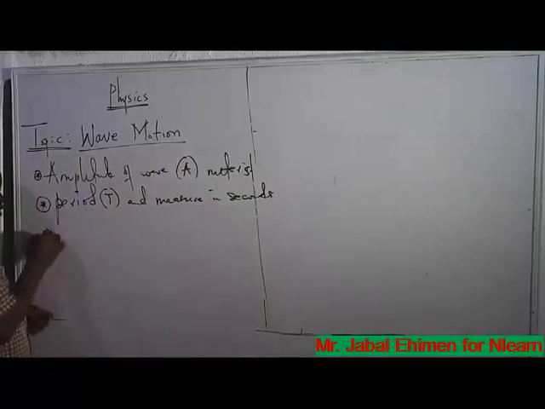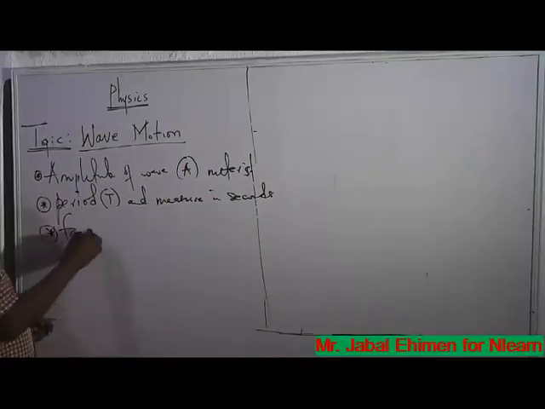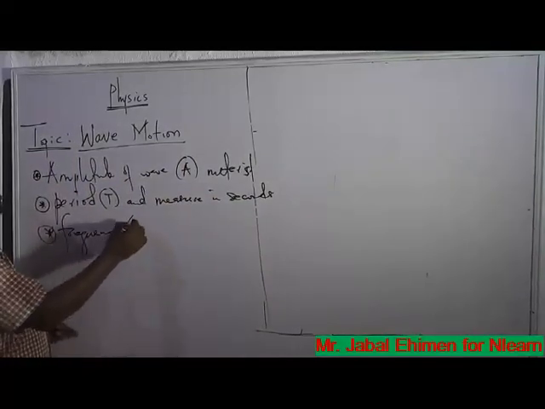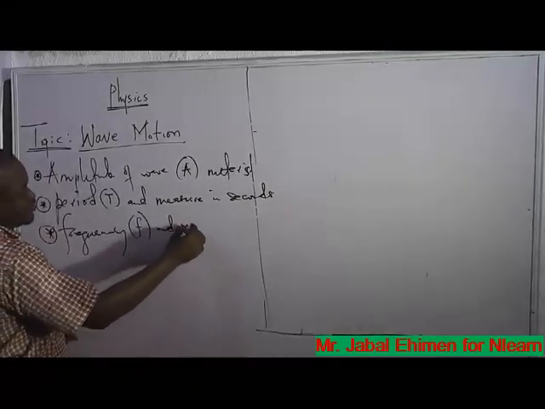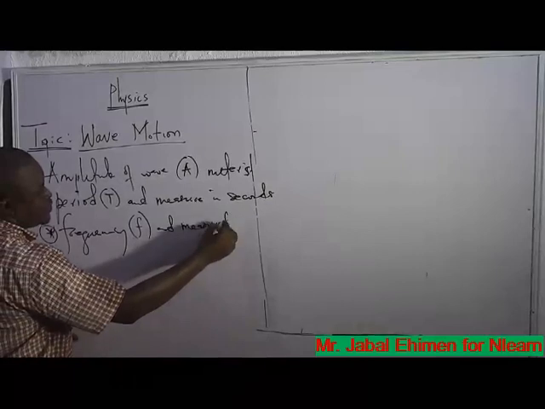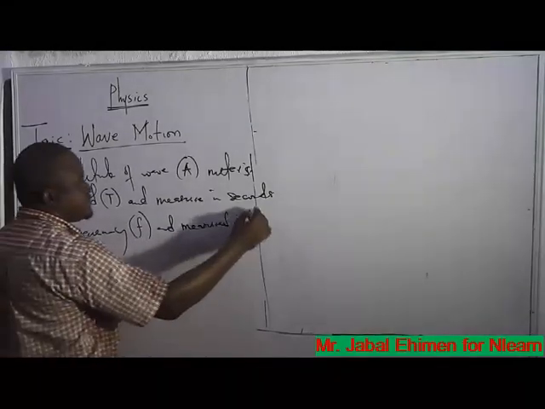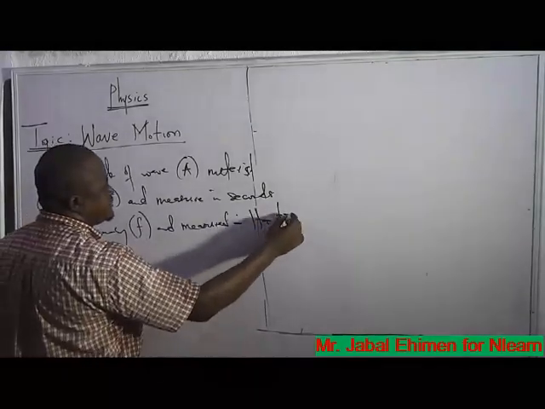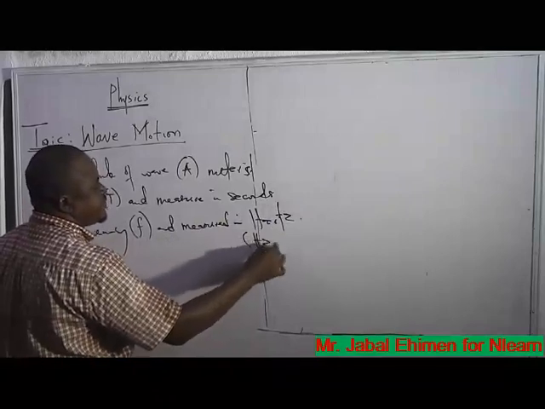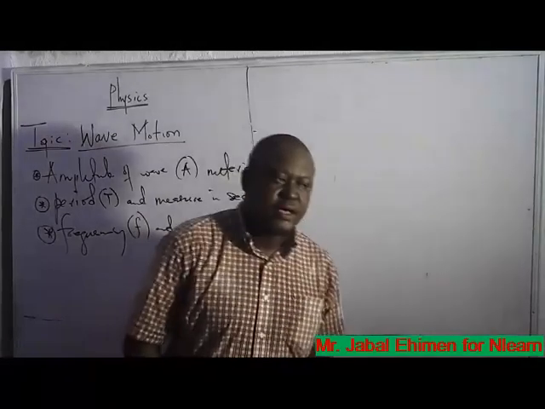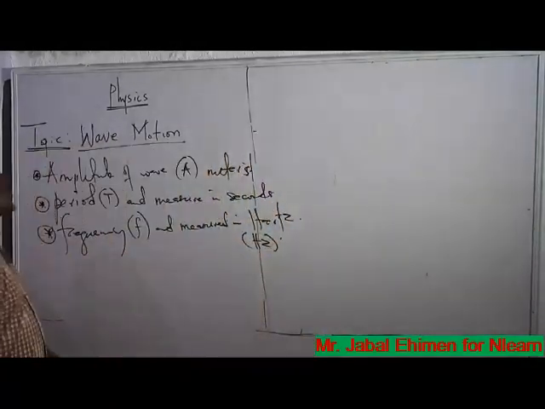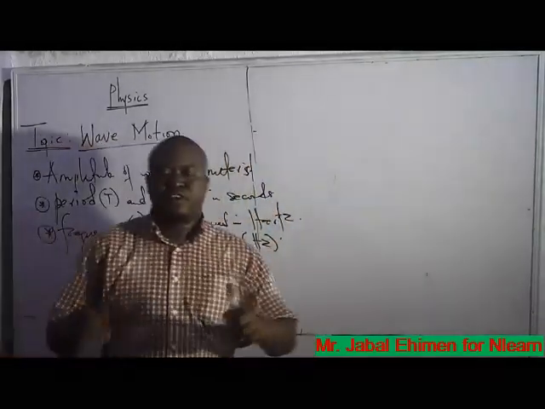The other thing we want to talk about is what they call frequency. Frequency is denoted as F and measured in hertz. So most times Hz is measured in hertz, depending on the English pronunciation of that.